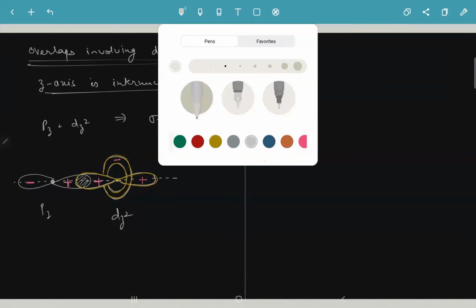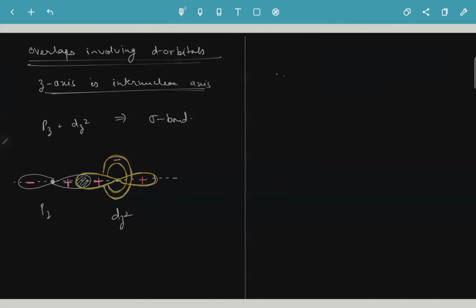Next, look, the z-axis is the internuclear axis. We can have dxz. This is a dxz orbital and another dxz orbital. dxz plus dxz will give a pi bond.